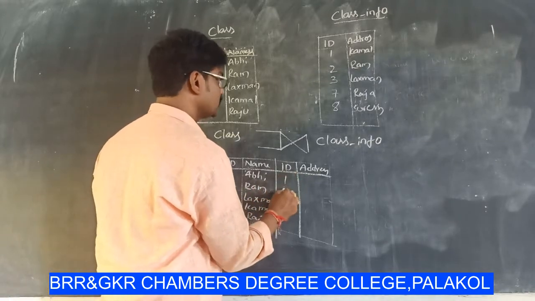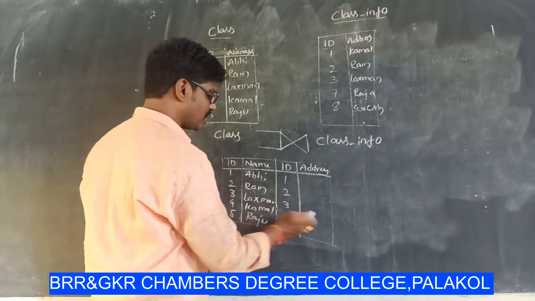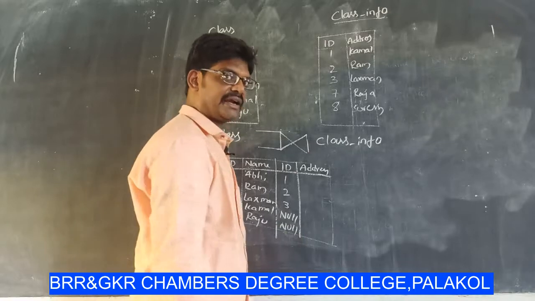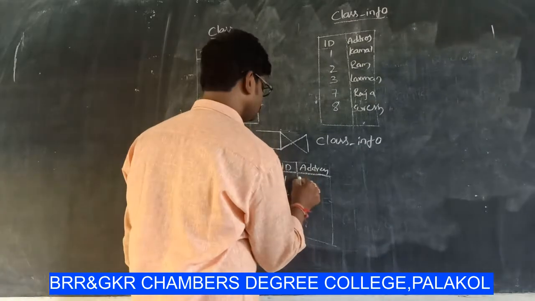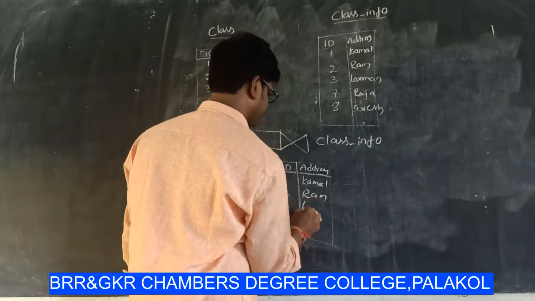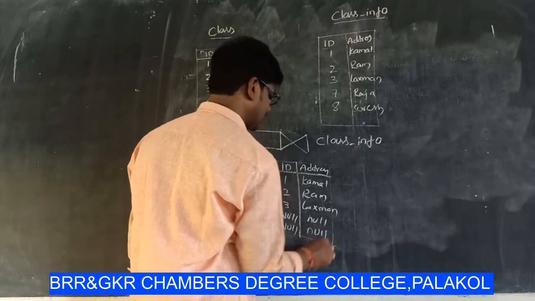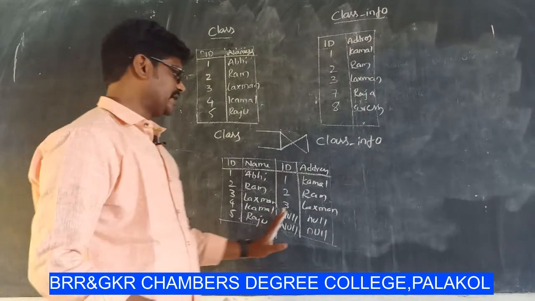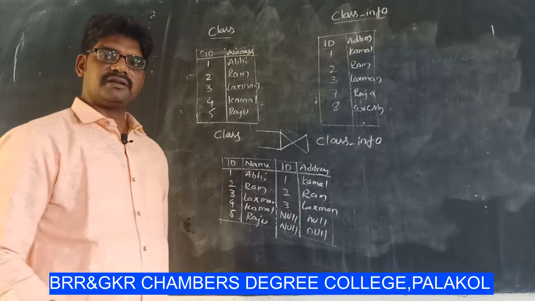IDs 1, 2, 3 are matched ones. These two are not matched, so the right side is filled with null values. So this is the left outer join: on the right-hand side, the unmatched columns are filled with null values.